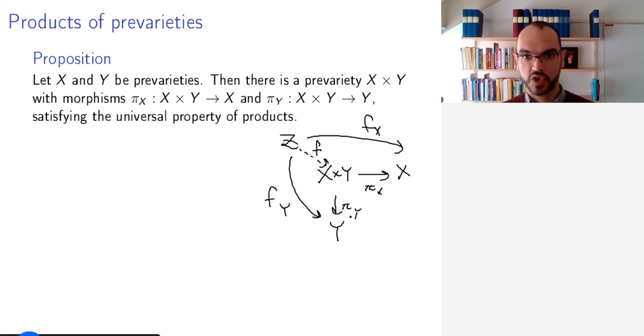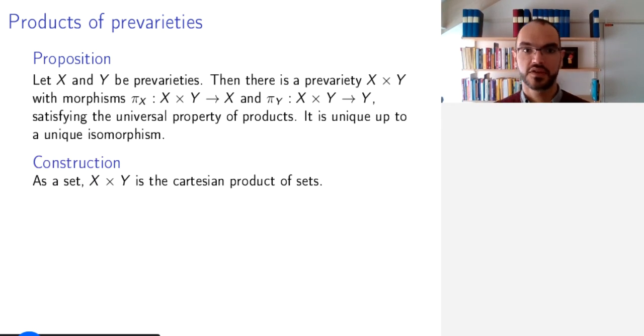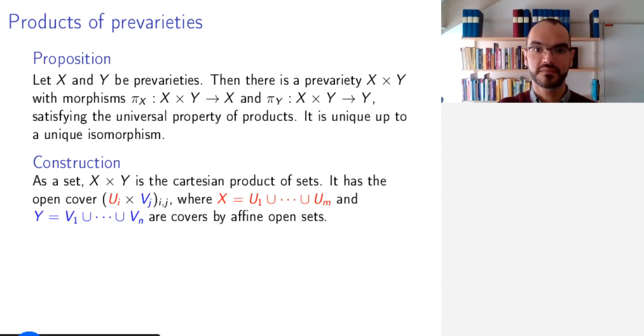So how do we show that there exists such a pre-variety? Well, we construct one. Also we will show that it is unique up to a unique isomorphism. The construction is as follows. As a set, it will be just the Cartesian product of sets.